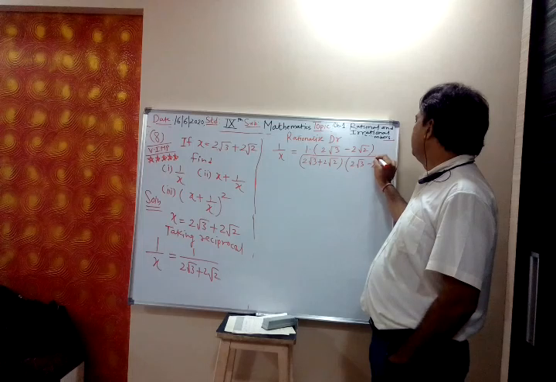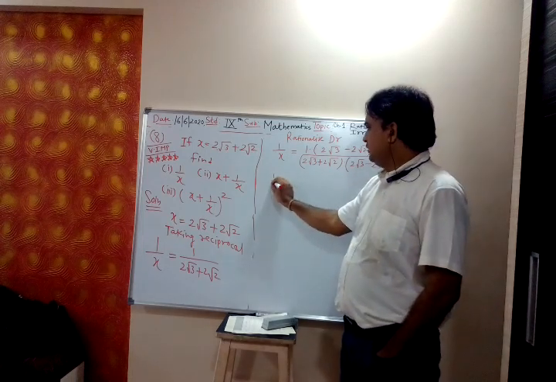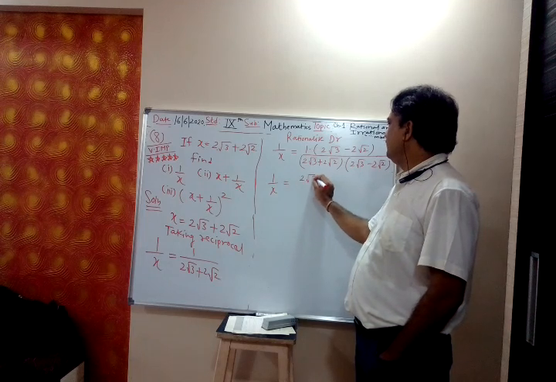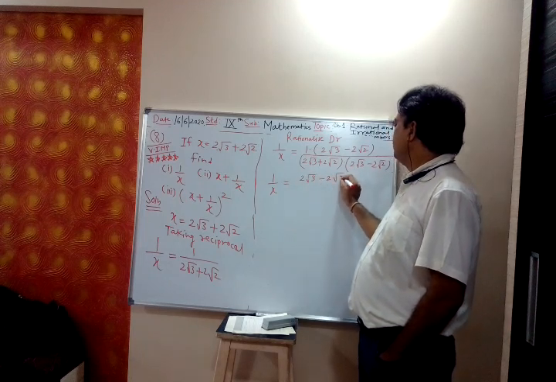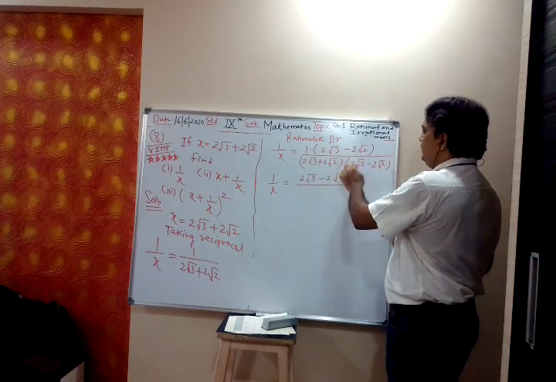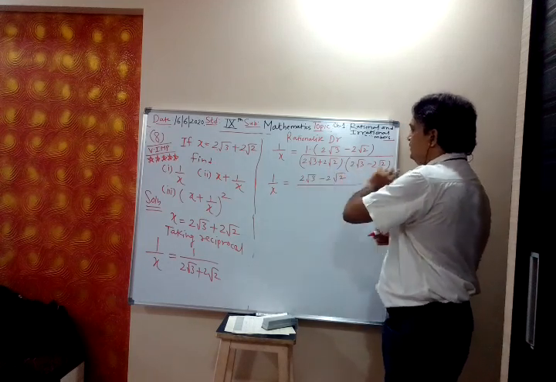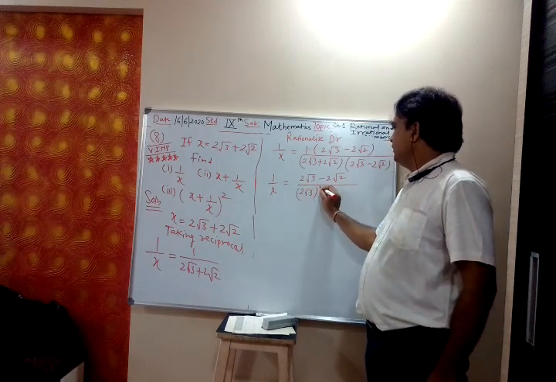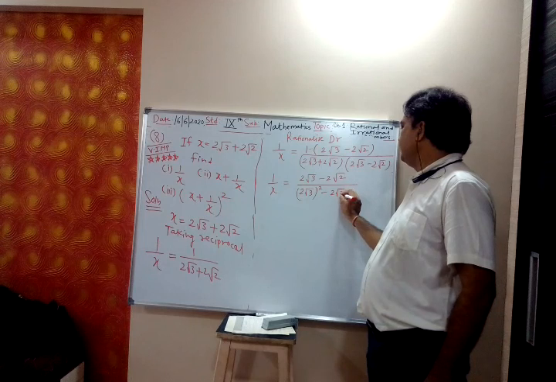Now the denominator, a plus b into a minus b, is a square minus b square. So that is 2 root 3 square minus 2 root 2 square.